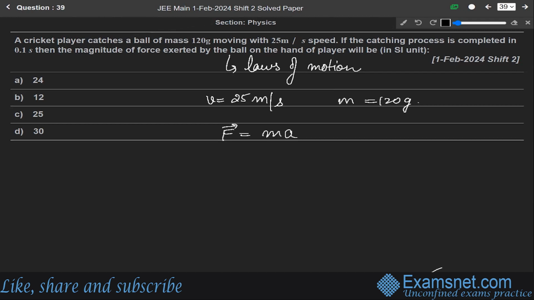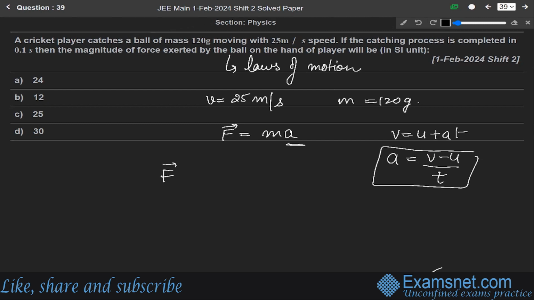Force equals mass into acceleration, a very basic formula. Now using the first law of motion, V equals U plus AT, so A is V minus U over T. Just apply this formula here. So F will be equal to M into V minus U over T. When the cricketer catches the ball, at that time the final velocity V becomes 0.